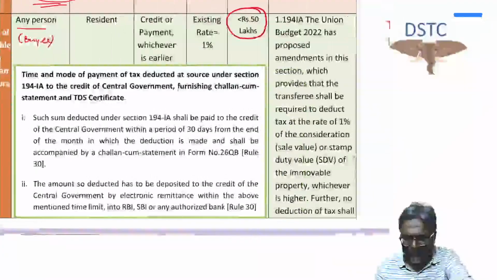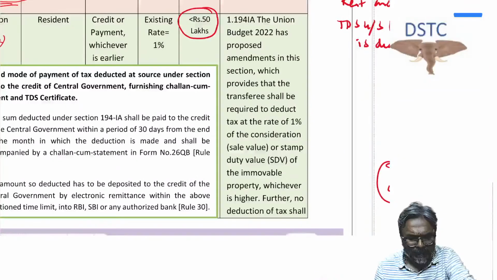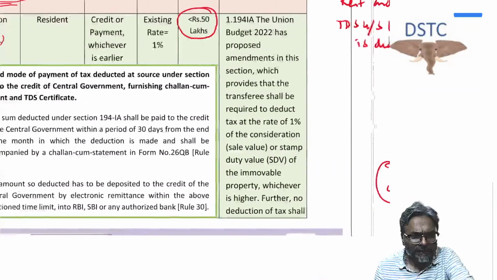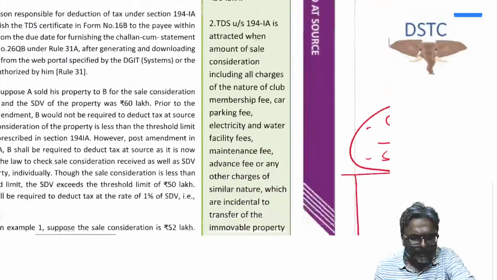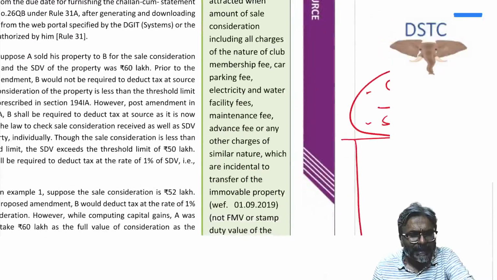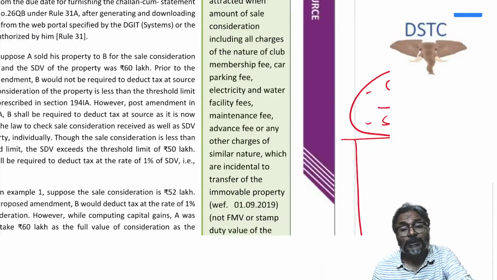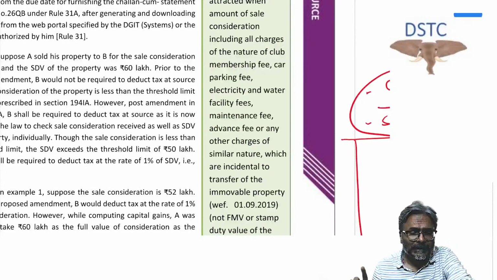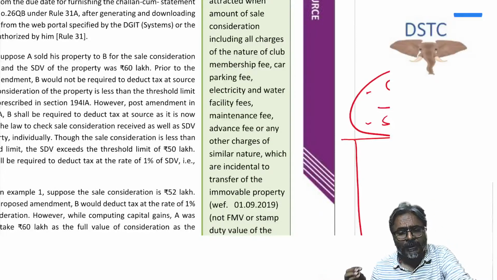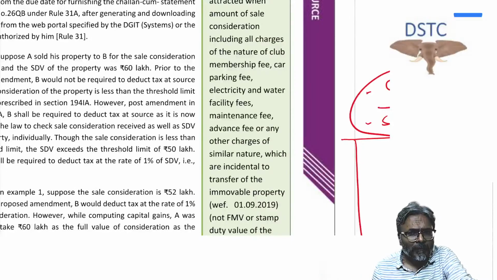Other than that, students, we have also seen some important aspects about the split-up price and the consolidated price. In the split-up price system, deliberately to avoid the exposure of 194IA, the consideration is split: they mention a basic selling price, and apart from it they charge club membership fee, car parking charges, electricity supply, water charges.